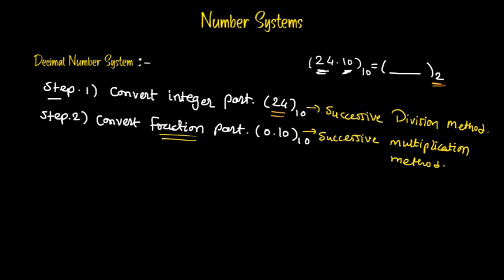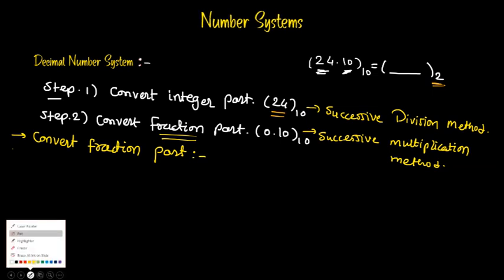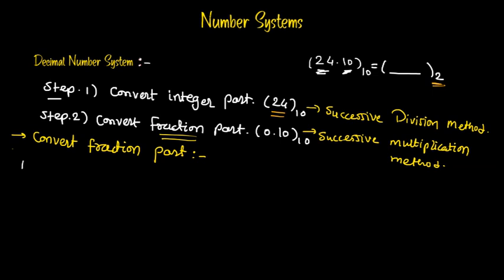Okay, so step 1: convert the fraction part into the desired number system. You have to multiply the fraction part of the decimal number by the desired base.